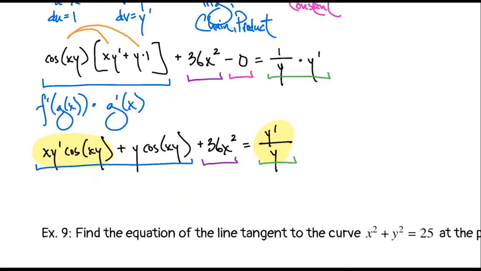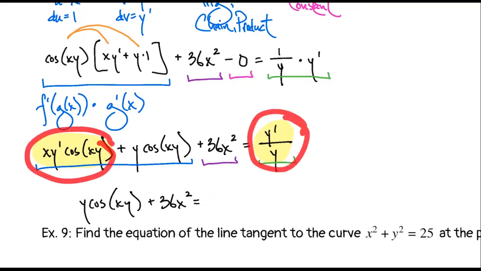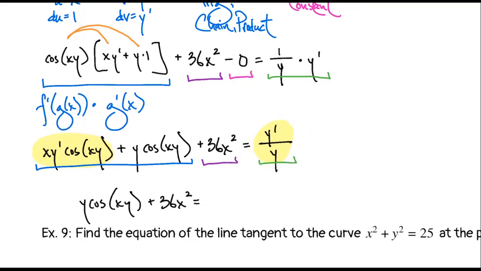So I will get y cosine xy plus 36x squared equals, I'm going to go ahead and factor out the y prime in the same step. Okay, so I'm going to have y prime times 1 over y minus x cosine of xy.